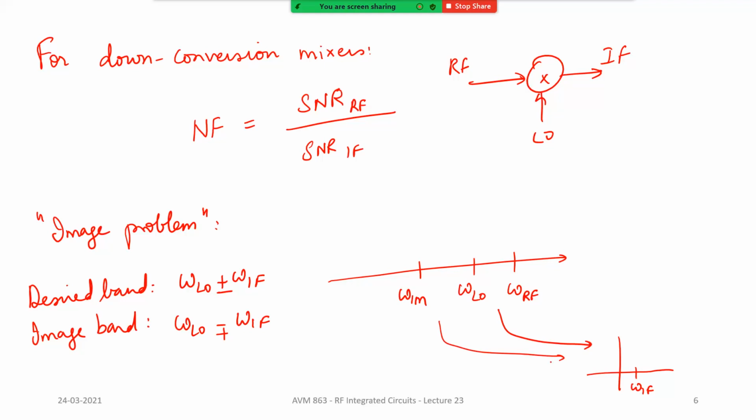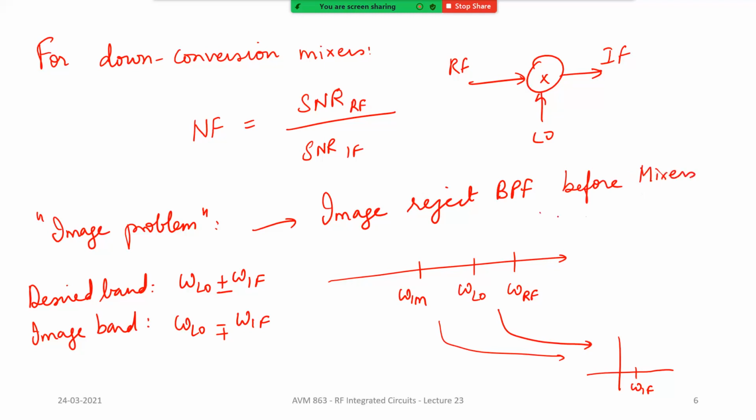Now, once this folds down into the same IF frequency, there is no way by which you can get rid of it. So it has to be tackled before the mixing operation, which is why you usually have image reject bandpass filters before the mixer.